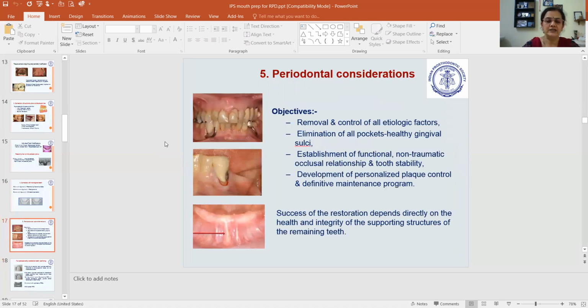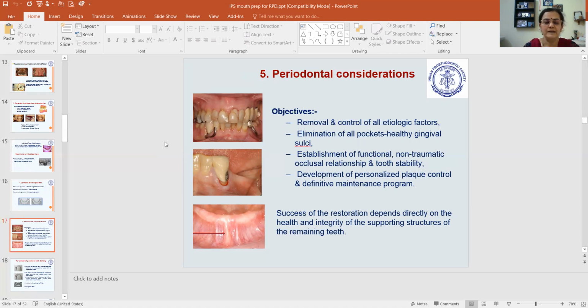Then periodontal considerations. For any abutment teeth, the periodontal ligament supports the natural teeth, mainly the principal abutment teeth. So the success of the restoration depends directly on the health and integrity of the supporting structures of the remaining teeth.